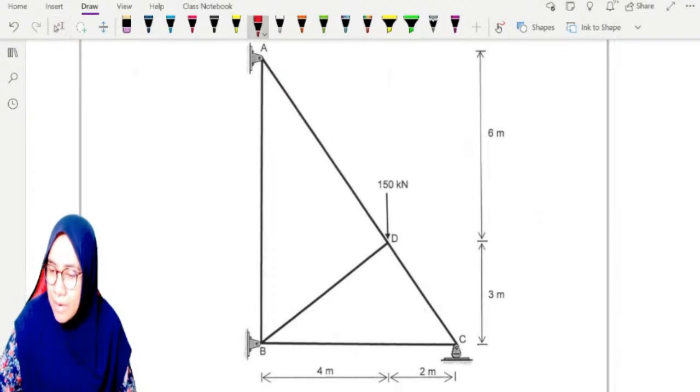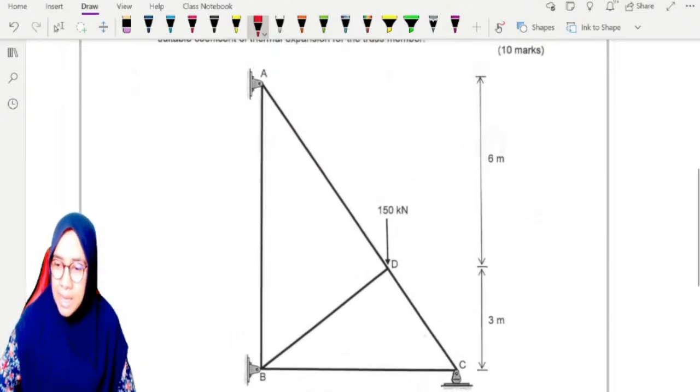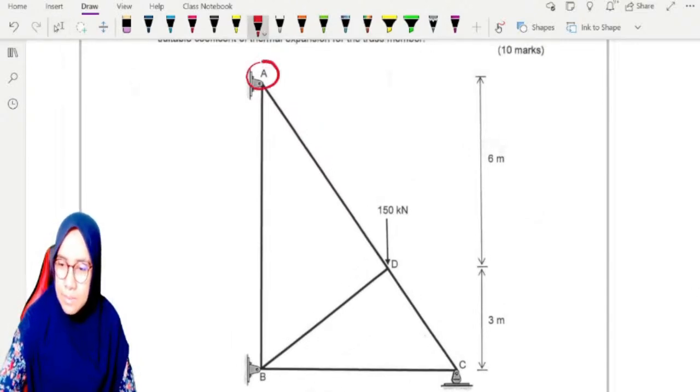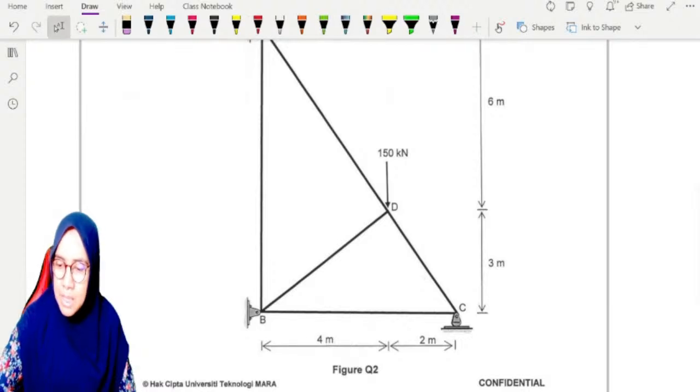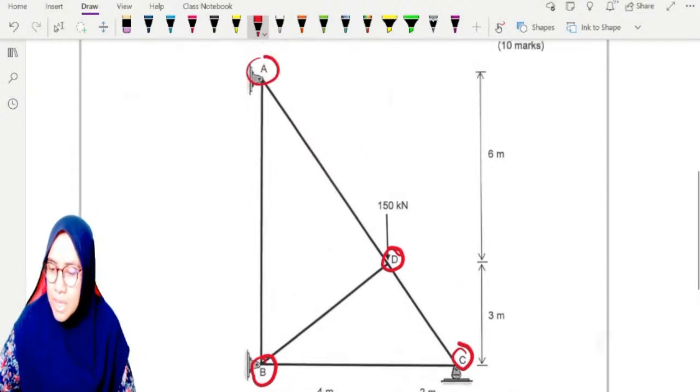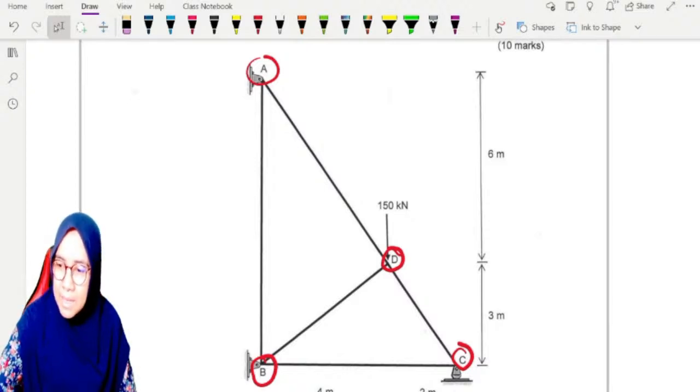So we have here joint A as node number 1, then B, C, and D. And by looking at this truss, we label the elements.